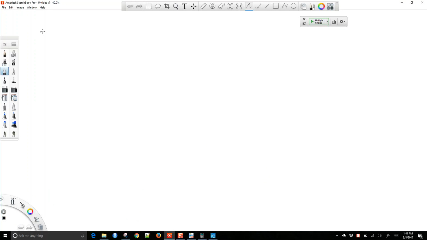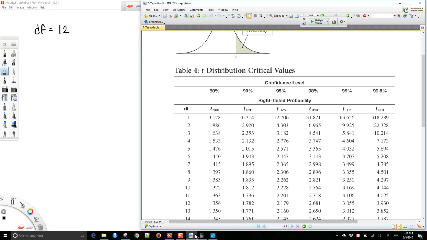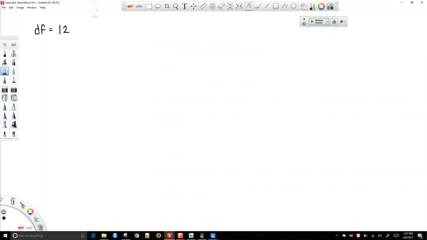So let's say you have degrees of freedom equal to 12, and we will say t is equal to negative 4.65. Okay, what is your corresponding tail?